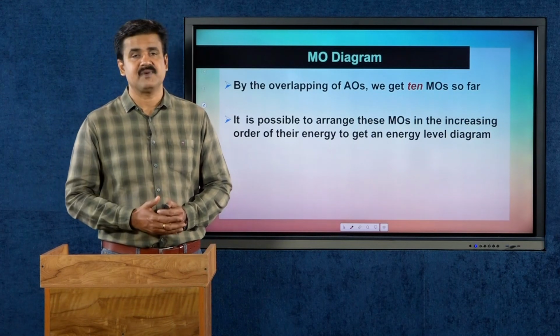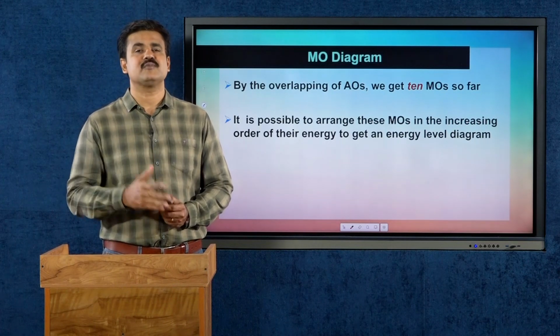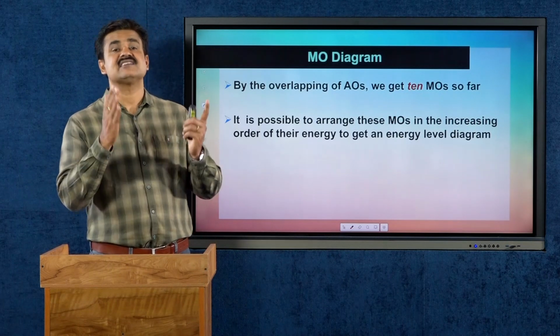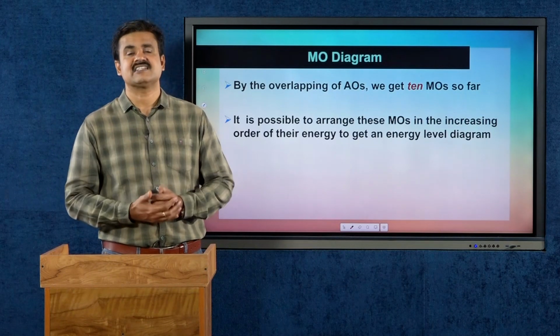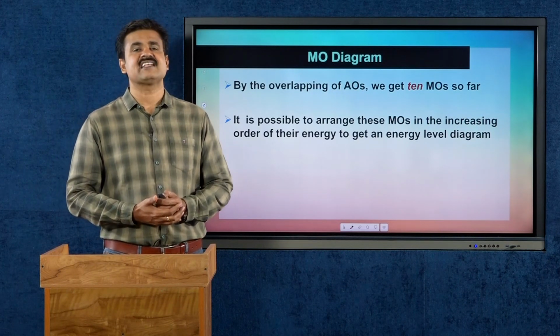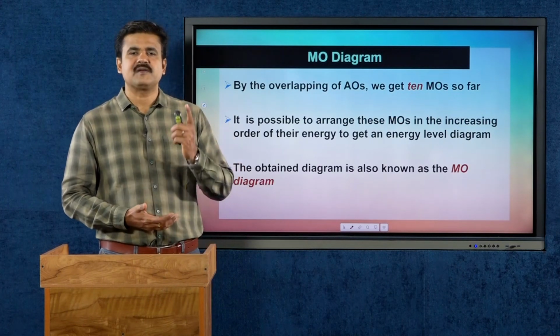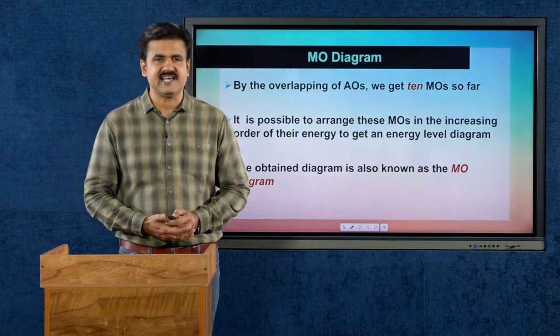So, in sum, you will get 10 molecular orbitals, and these may differ in their energy, and it is possible to arrange them in the increasing order of their energy to get an energy level diagram, otherwise called the molecular orbital diagram. The obtained diagram is also known as the MO diagram.